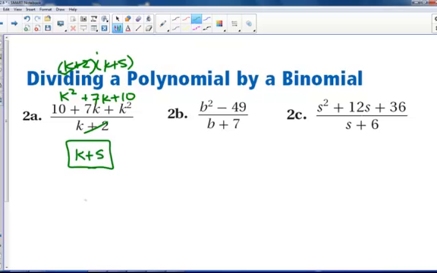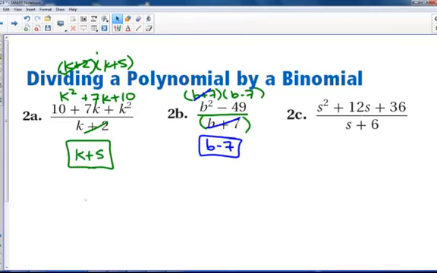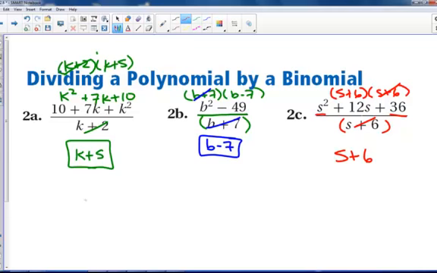This next one is the difference of squares. So it's b plus 7, b minus 7. The b plus 7's cancel, so we'd be left with b minus 7. And then the last one, this is perfect squares. So s plus 6, s plus 6. One of the s plus 6's cancel, so s plus 6.